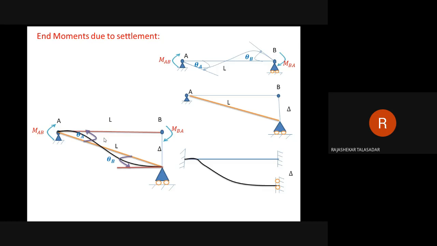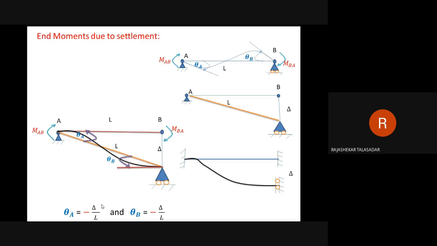Whereas here you can see from to the tangent, this is also anti-clockwise. Okay. Now, if you write here theta A from this triangle A, B, and this, if you assume it as B dash, what will be that? Theta A is opposite side by adjacent side. What is the opposite side? Delta. Adjacent side is L. Actually, it is tan theta. As I said, tan theta for smaller values of theta, tan theta is directly theta.